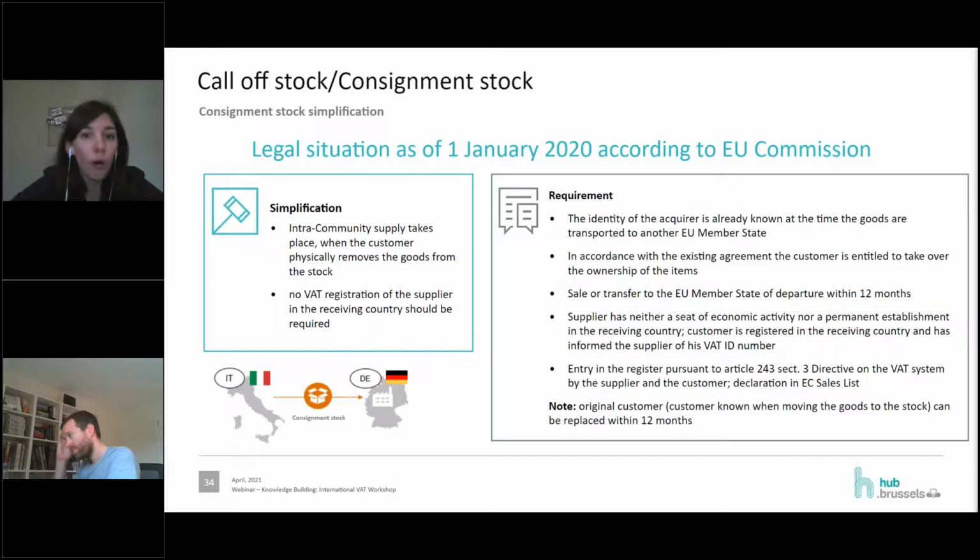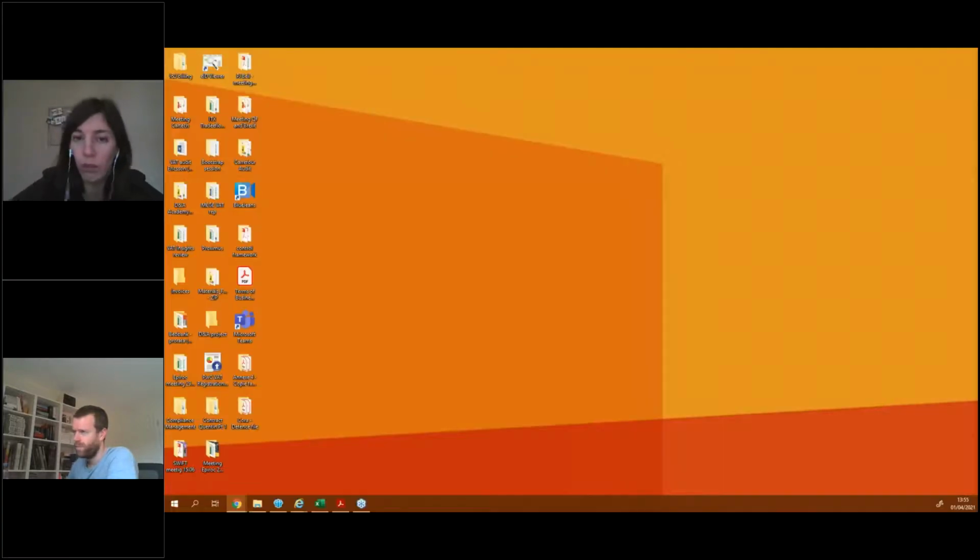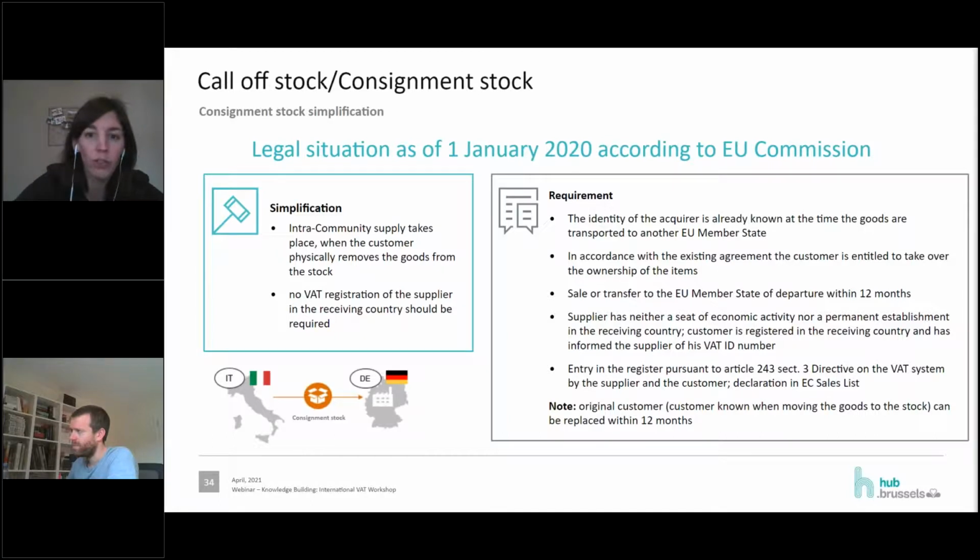So this will avoid a VAT registration of the supplier in the receiving country, and there are different requirements for that, but basically the identity of the acquirer should be known at the time the goods are transported to the other EU member state. So there is some simplification in order to avoid companies being registered in a lot of EU countries.